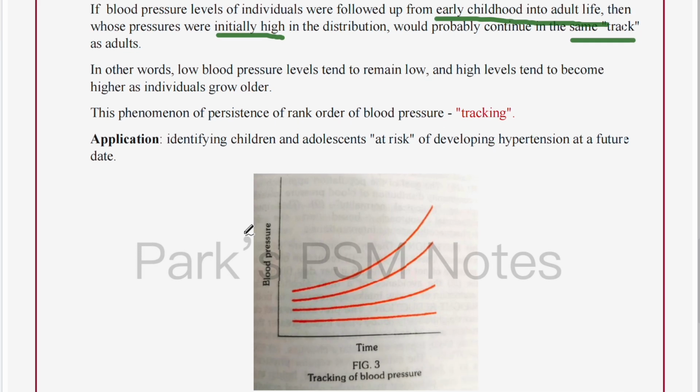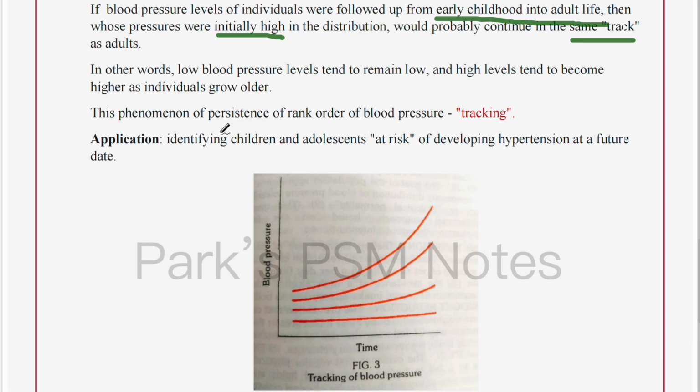You can go through this image. If during their early period they have a better blood pressure, that will remain during their older age also. As the person grows older, the blood pressure keeps the same track.